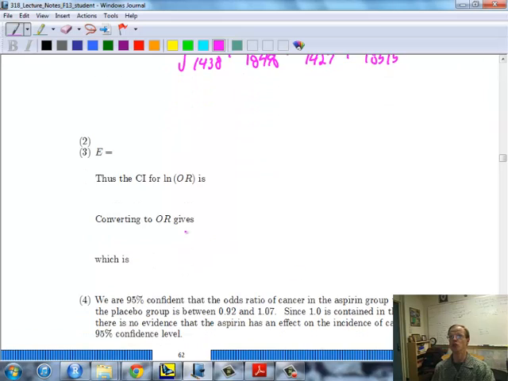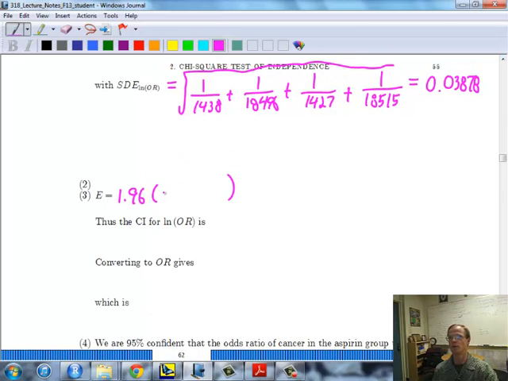Okay, now using that, let's go ahead and calculate our margin of error for the 95% confidence interval. We're going to do 1.96 times the standard error, which is about 0.039, giving us approximately 0.076.